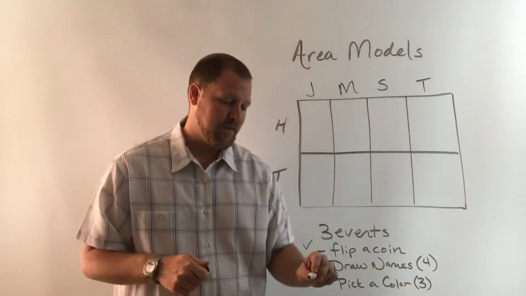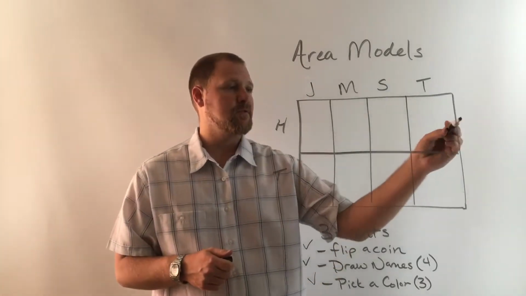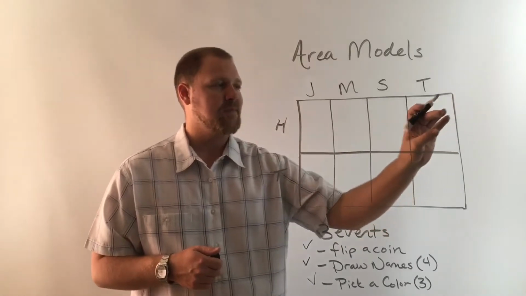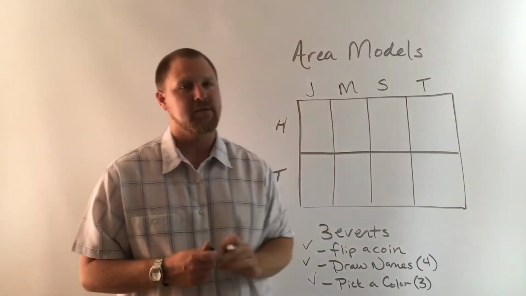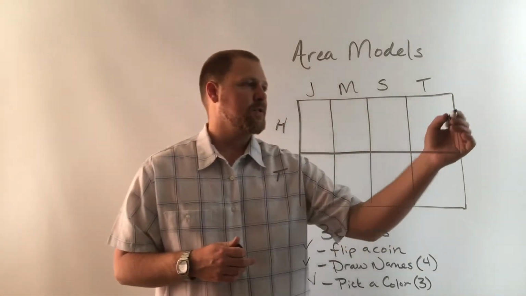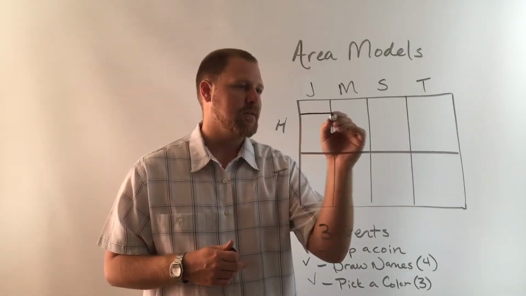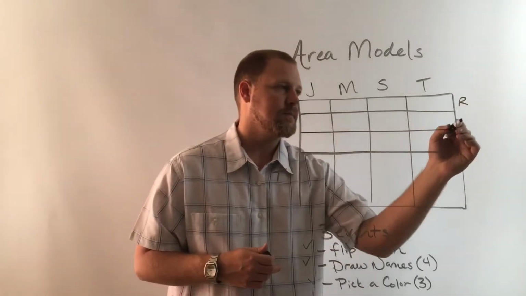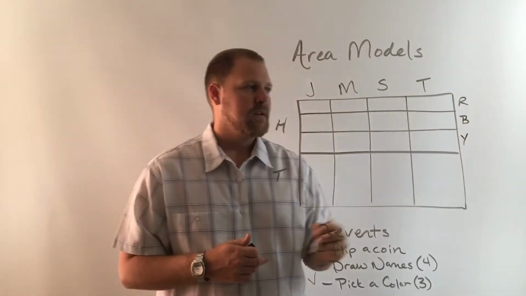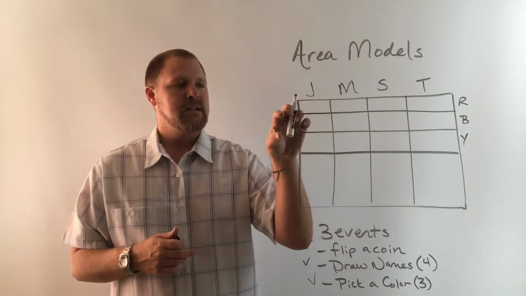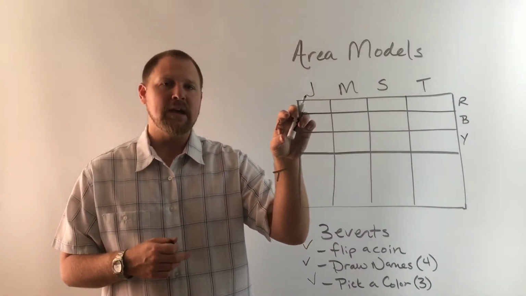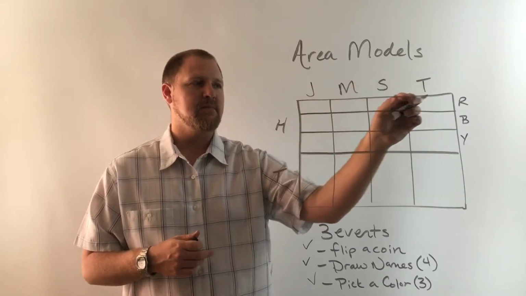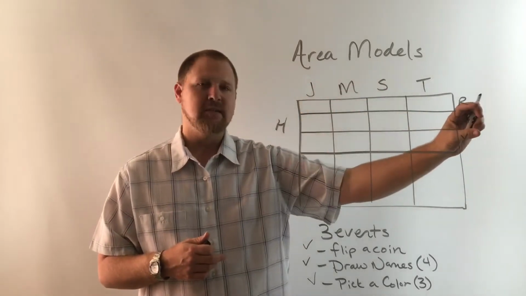So now we have 3 colors. So we want to now divide. We have to divide this section here by 3 and this section by 3. Okay? So the 3 colors, let's say they are red, blue, and yellow. And so I've taken the outcome of flipping a coin of heads, all outcomes of picking a name, and I've divided those all by 3.